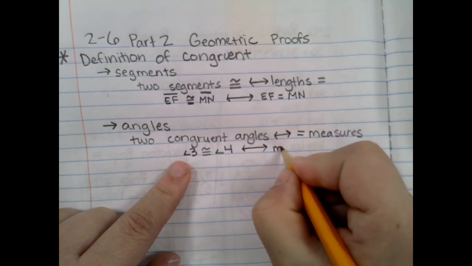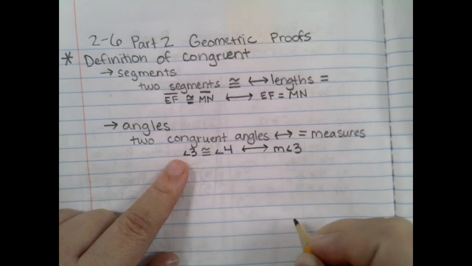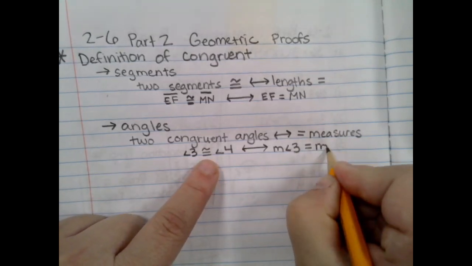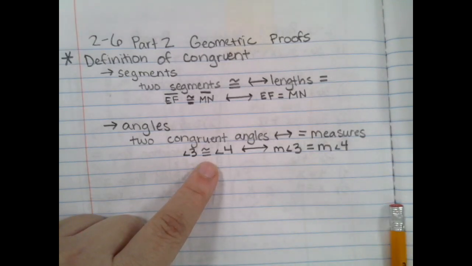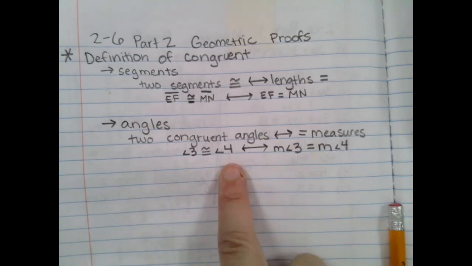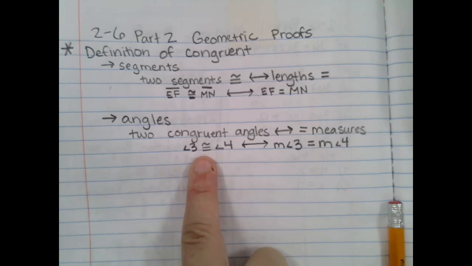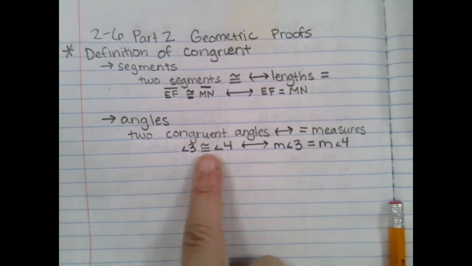And that's actually saying how many degrees angle 3 is equal to the measure, or how many degrees angle 4 is. Now I put arrows both ways because it can go both directions. If we know that they're equal, then that means that they are congruent. So it's not always that we're working from congruent to equal. Sometimes we're working from equal to congruent.